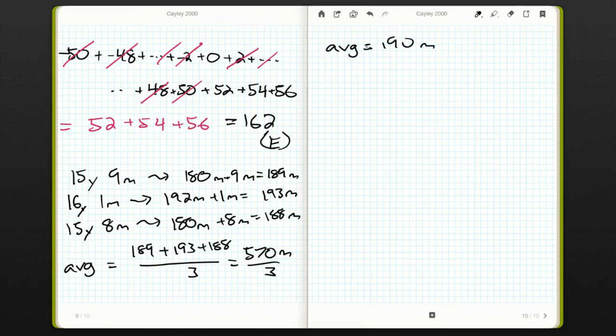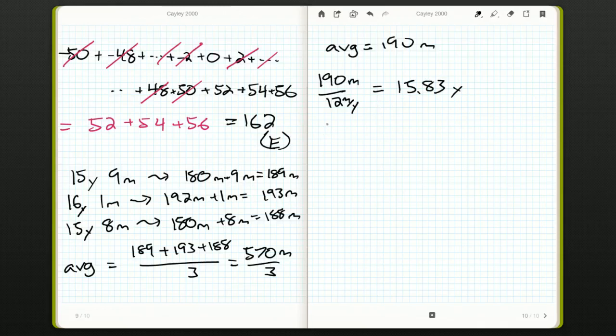Now, what is that in terms of years? So we want to convert to years. Well, we know that there are 12 months in a year. So to get a rough idea of how many years there are, 12 months per year, so we can divide by this. And we get roughly 15.83 years.